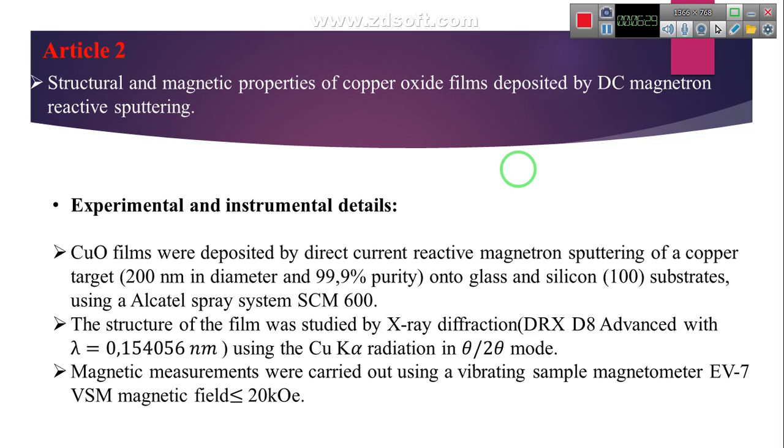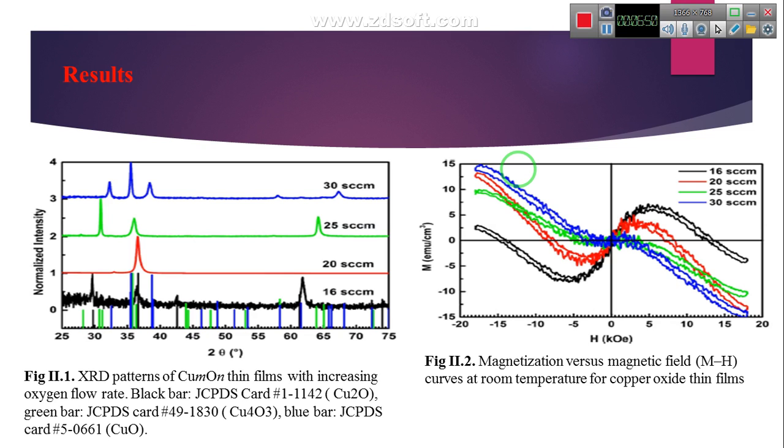Magnetic measurement. Instruments: Alcatel SCM 600 spray system, Bruker D8 Advance, and EV7 vibrating sample magnetometer, VSM. Result.